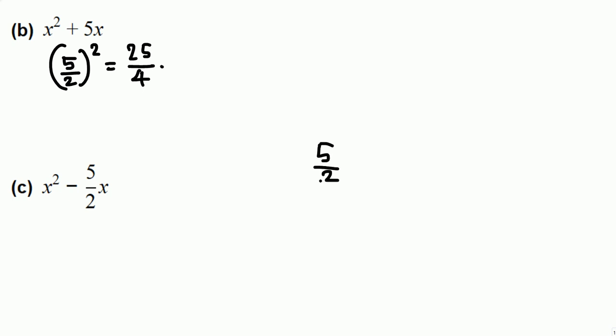We need to halve 5 halves, that will be this 2 comes to the bottom, or you can think like this way, 5 halves, this division into multiplication, 2 means 2 over 1. Okay, so we keep, change, flip, change division to multiplication, flip, so 1 over 2, so that's 5 over 4. So half of 5 halves is 5 quarters.